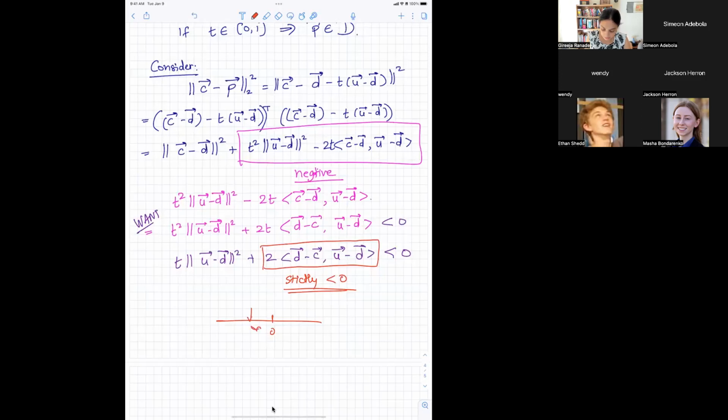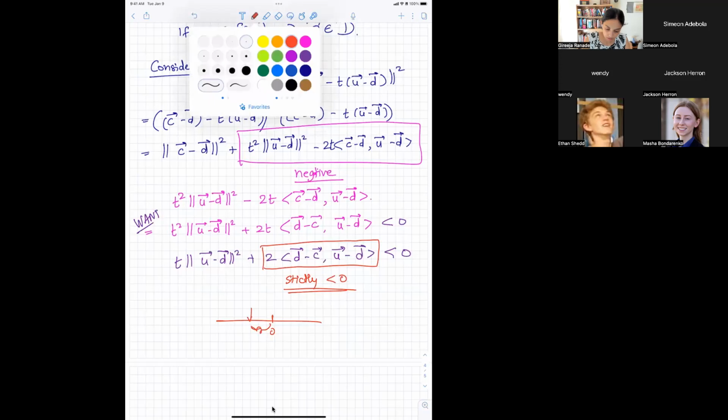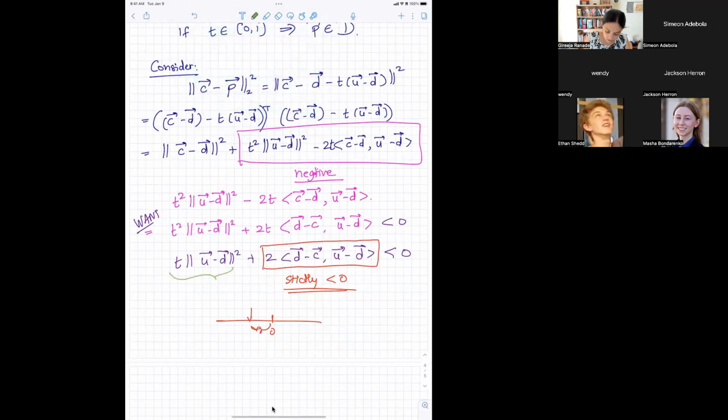There's always a gap. And if I could make T times U minus D fit into this gap, then this whole thing will be less than 0, right? And then we'll be done.